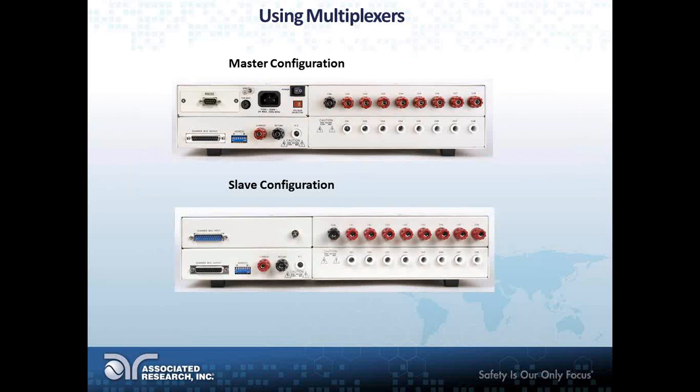But if more test points are needed, there's always the option of getting a master scanner being controlled by some kind of software, and the master scanner can basically control 3 slaves.